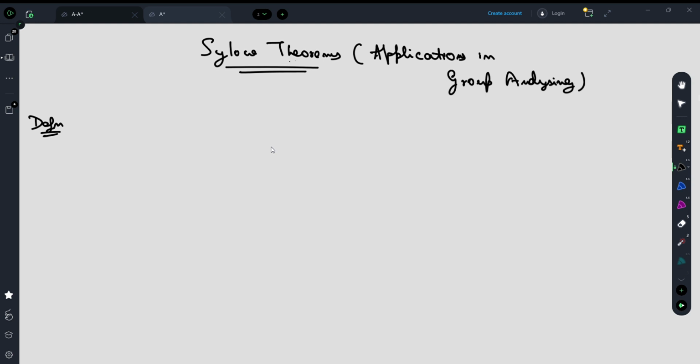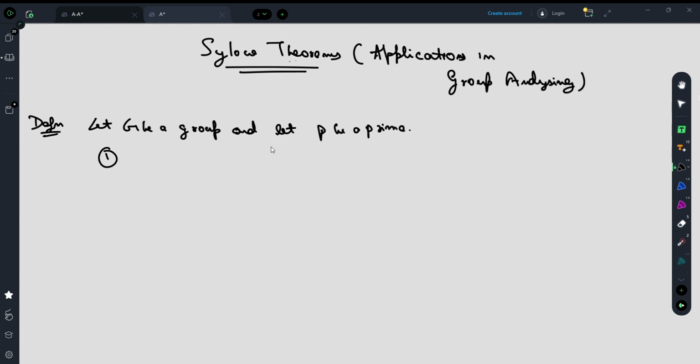We start with the definition. So the definition is just to understand the subgroups or the groups which are required to explain the Sylow theorems. Okay, so definition. Let G be a group, and let p be a prime.